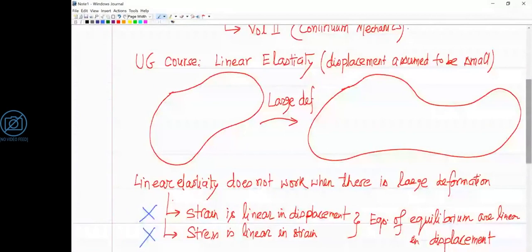Whenever you get introduced to deformation, the basic course will only talk about linear elasticity. And once you have some idea of linear elasticity, then you can learn about large deformation elasticity or non-linear elasticity. And this course is about non-linear elasticity.